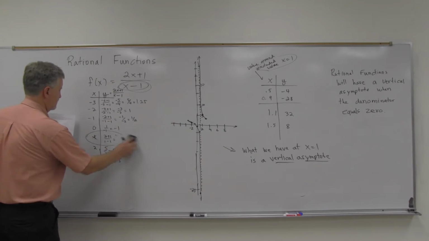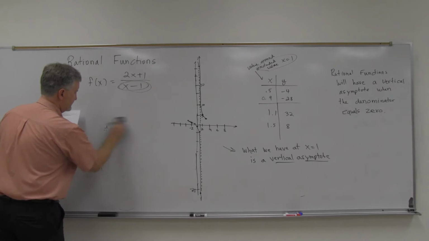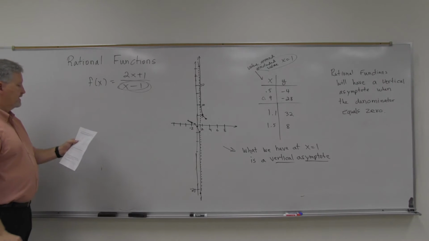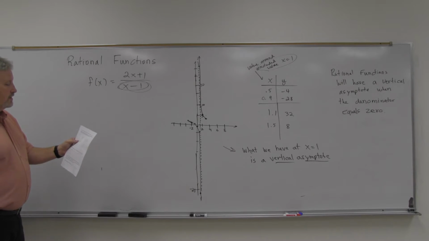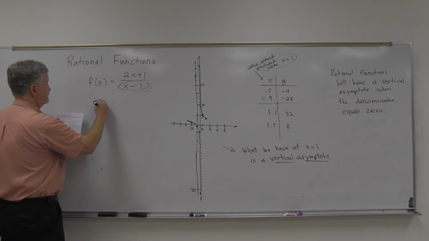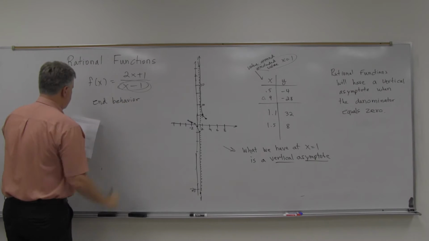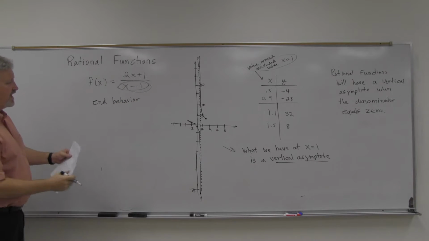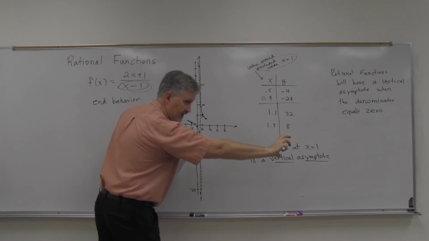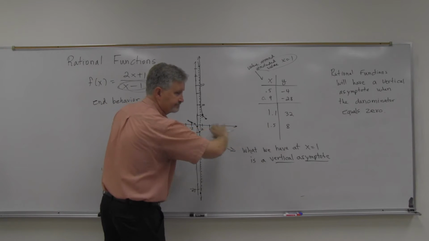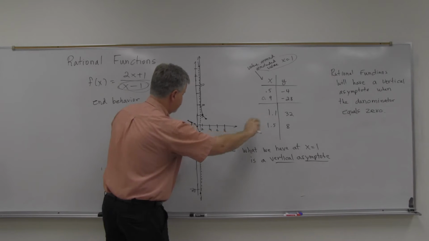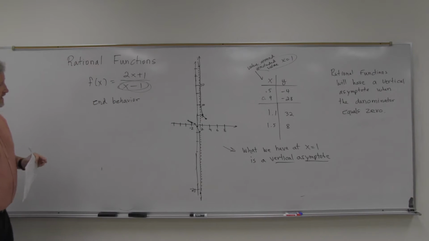Now, flip over to the back side there. We've still got the same function. Now let's look at the end behavior. Well, the end behavior is the values that occur out with positive large x's or negative x's out this way.